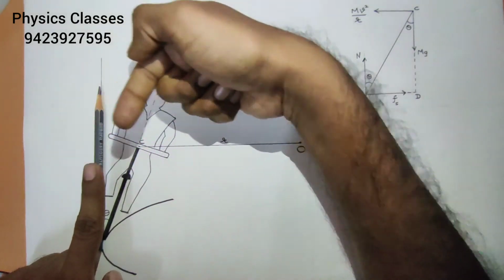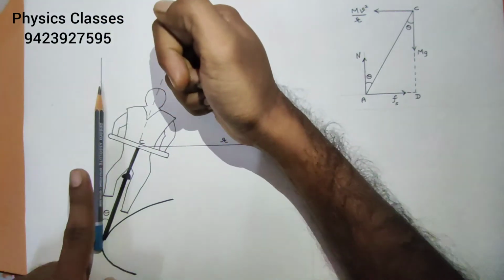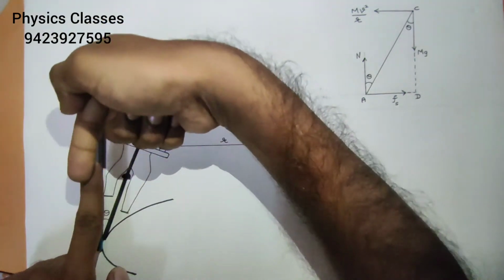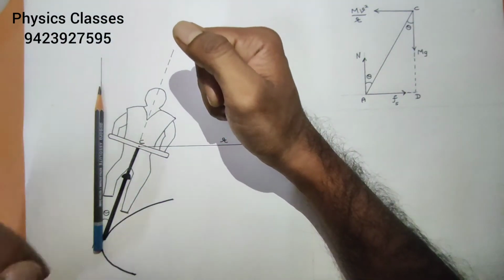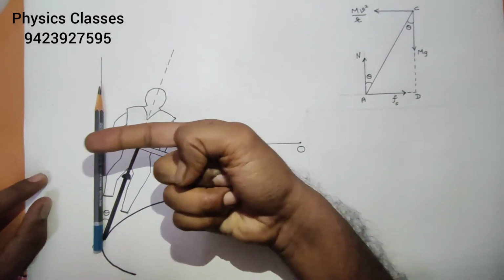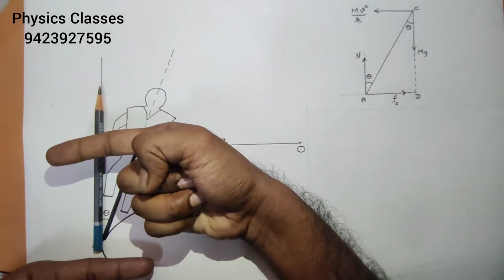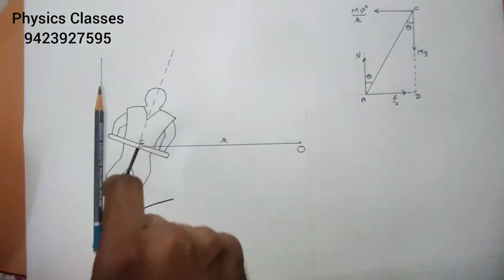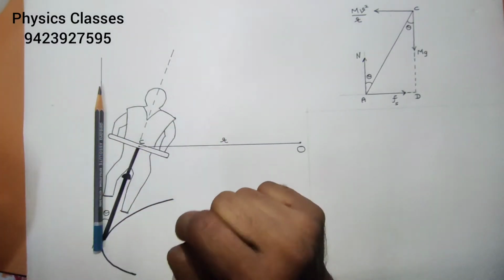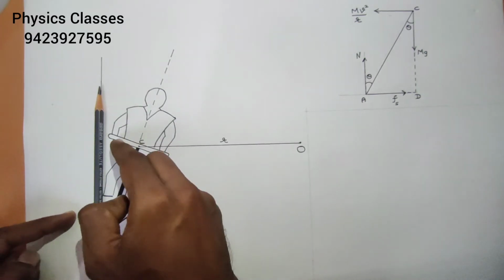And the gravitational force mg will act in the downward direction like this. So the normal reaction and the gravitational force will act along the same line. They will not produce any torque on the system. But the centrifugal force acting in this direction and the force of static friction acting in this direction are providing an anti-clockwise torque. This anti-clockwise torque will topple the system in this side.